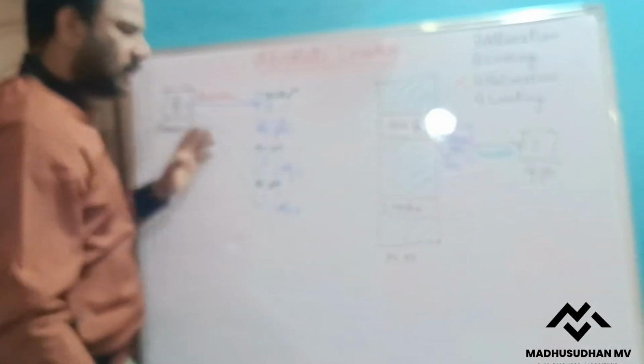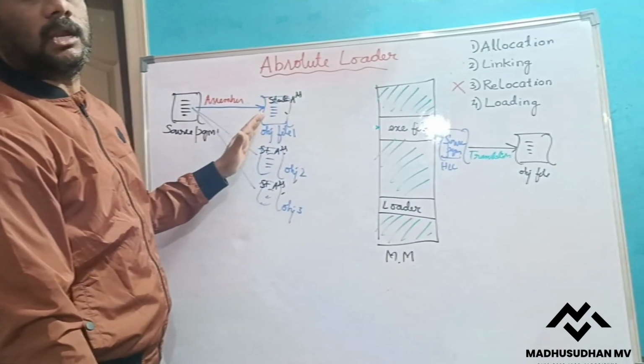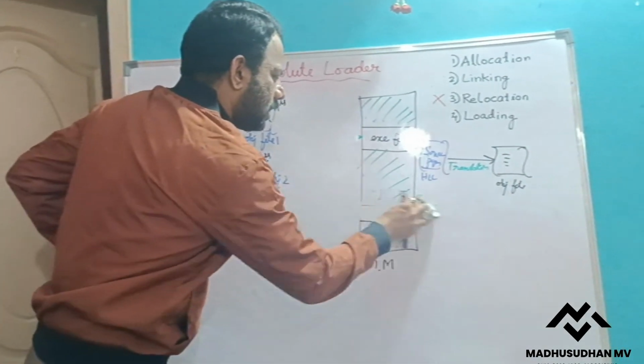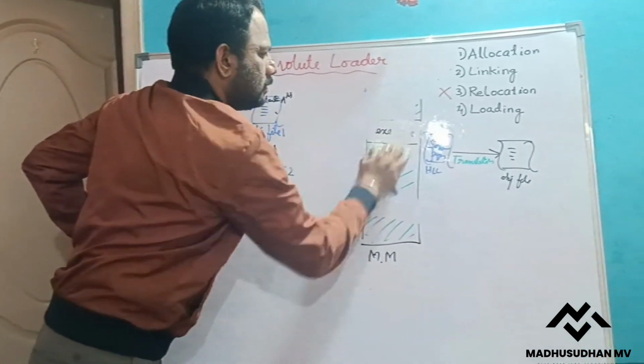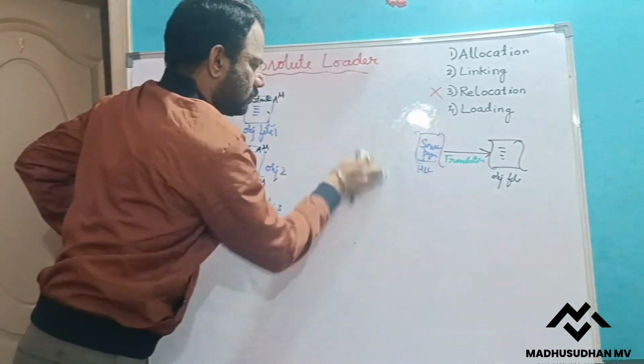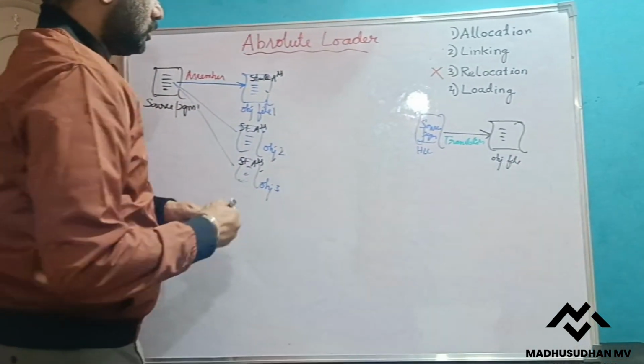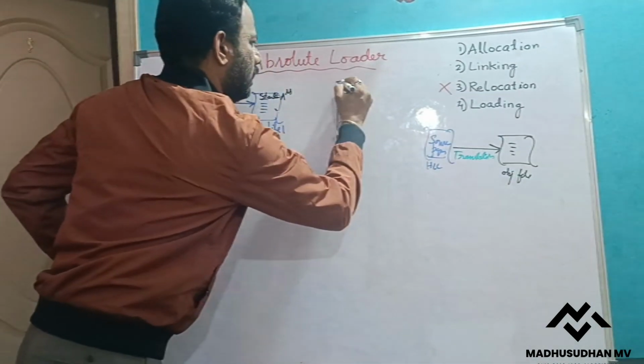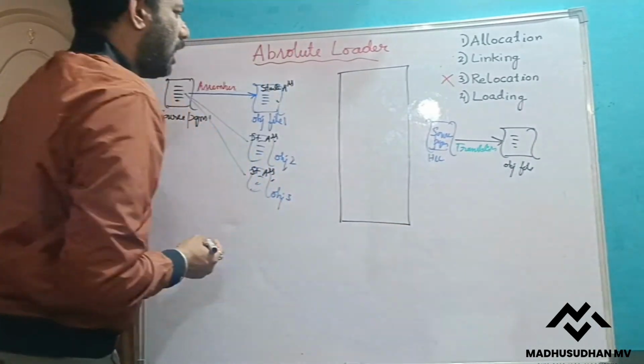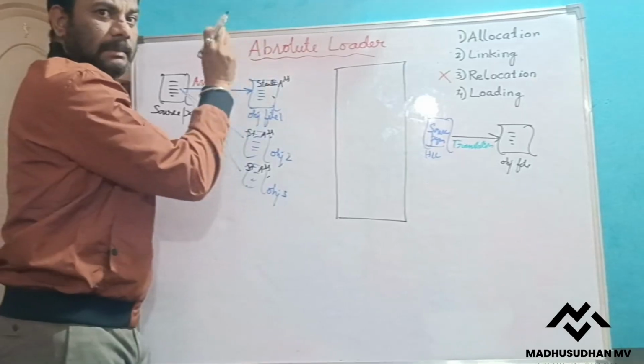Now the complete loader is also taken out of the main memory. So now we have the main memory, and the object code specifies the absolute address.